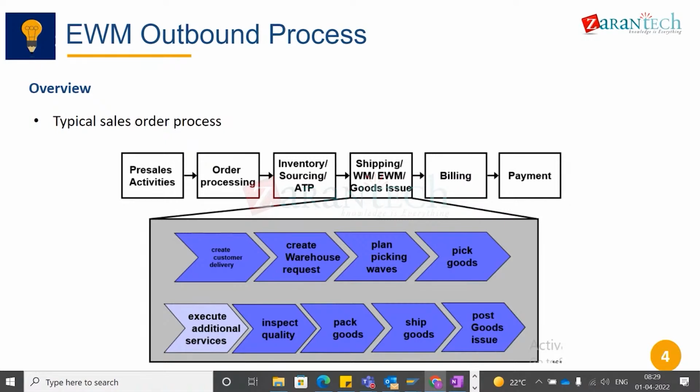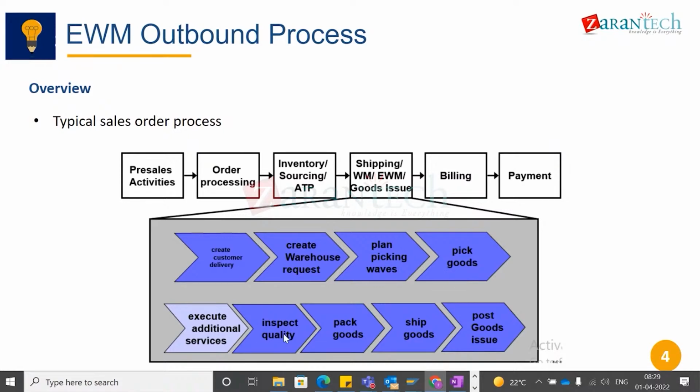To track all those activities, how it is packed, how it is labeled, what consumable materials are used for packing, repacking and kitting, SAP has provided the solution for all that. So those activities can also be tracked in the outbound processes.